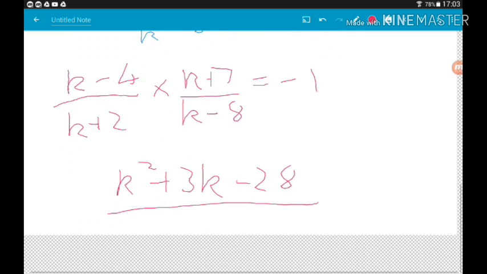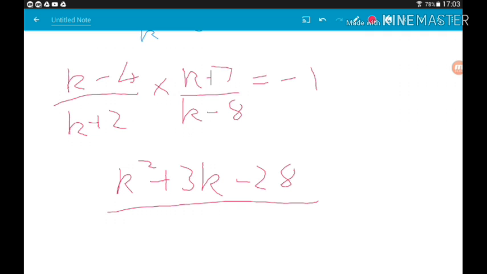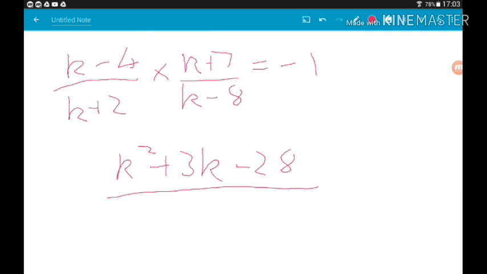Over the bottom, k plus 2 times k minus 8 is k squared minus 6k, and then minus 16.